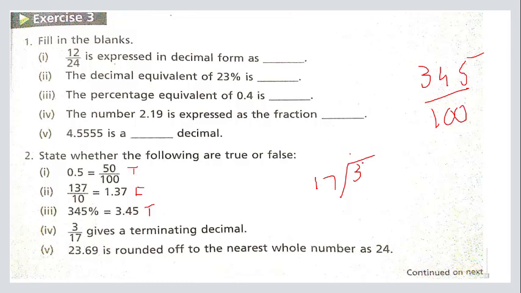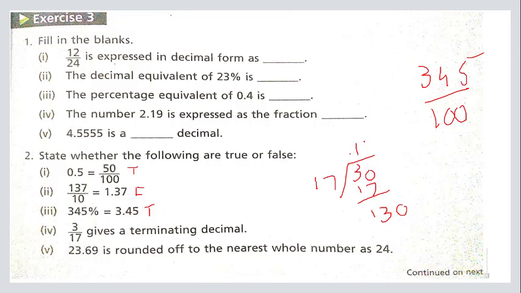I need to put a point over here and 0 over here. So 17 ones are 17, and then 30 minus 17 is equal to 13. Now 13 is again smaller than 17, so I will put another 0 over here.